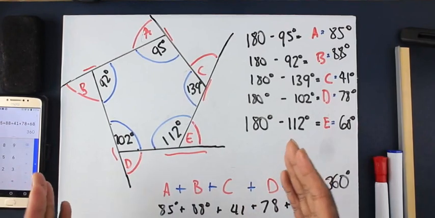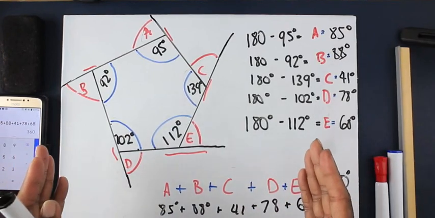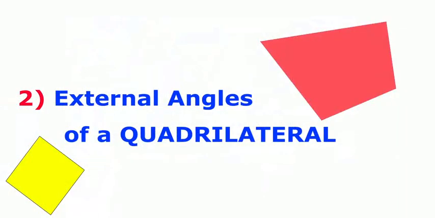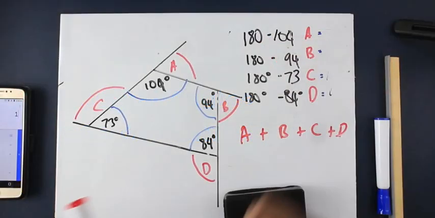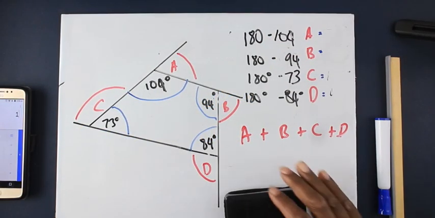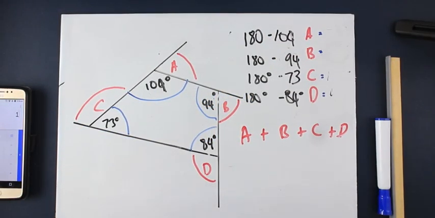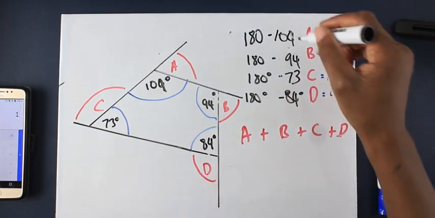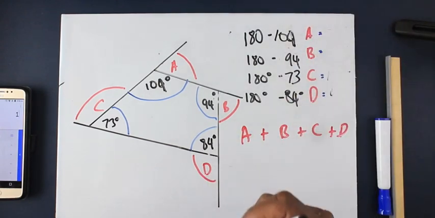We're going to try another polygon, this time a quadrilateral. Okay guys, here we go again. This time we've got an irregular polygon, which is a quadrilateral, four-sided.